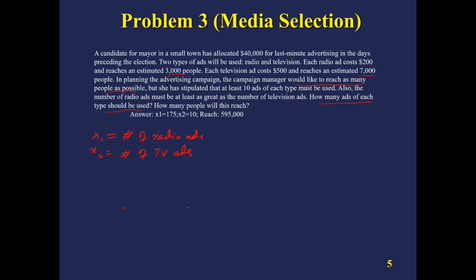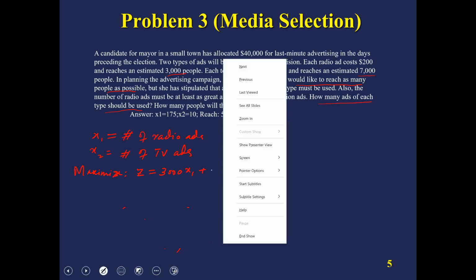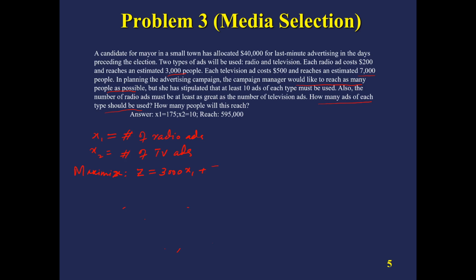And then our objective function is to maximize Z equal to 3,000 x1 plus 7,000 x2.